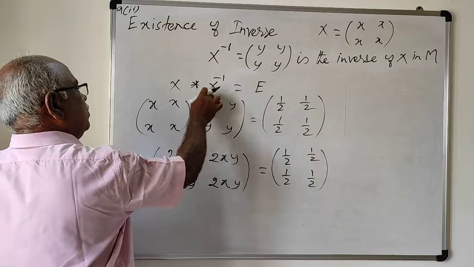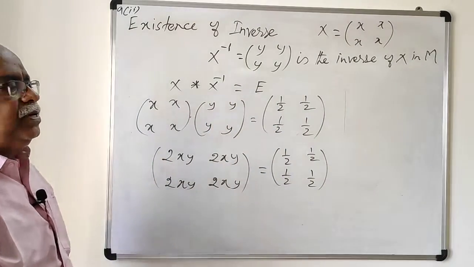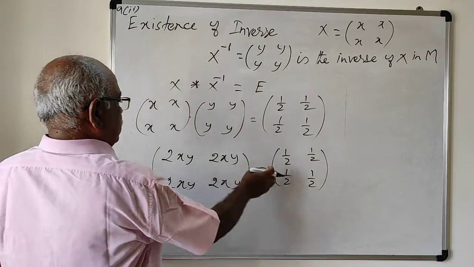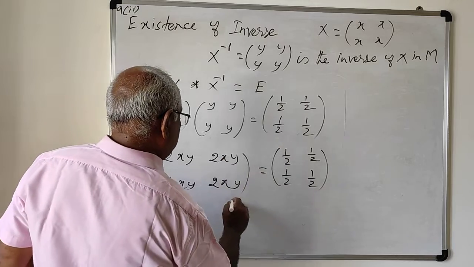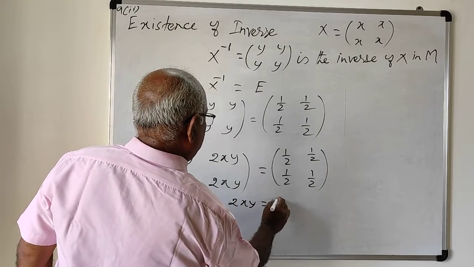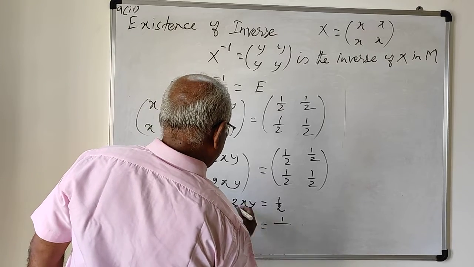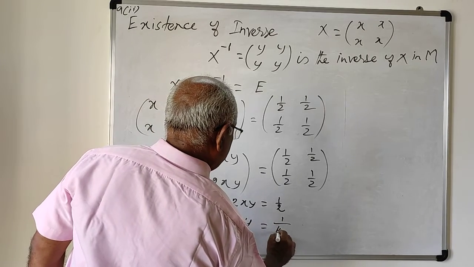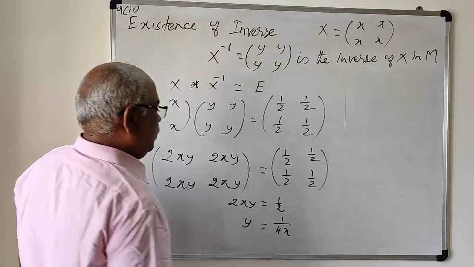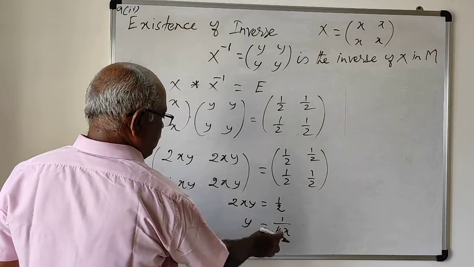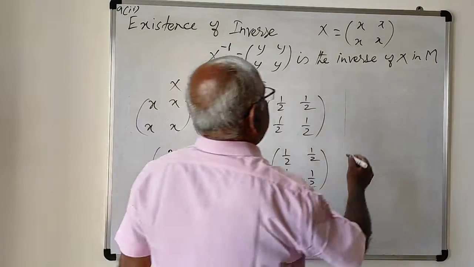An element and its inverse give the identity; that is the definition of inverse element. So, comparing the elements, 2xy equals 1 by 2. We want y. Y equals 1 by 2 into 2x, which is 1 by 4x, because 2x goes to the denominator. Y equals 1 by 4x.